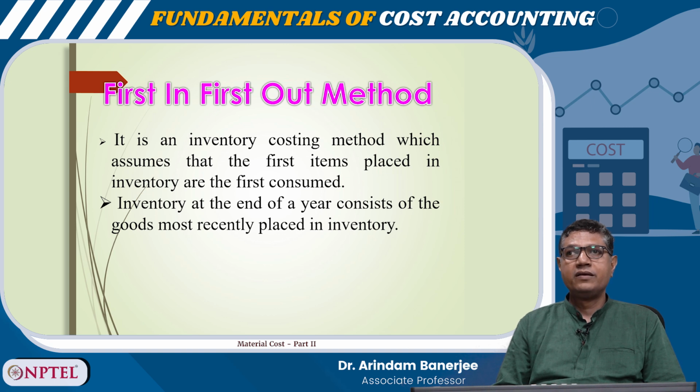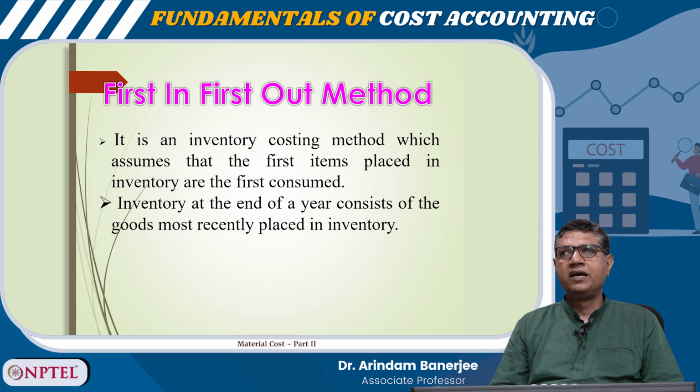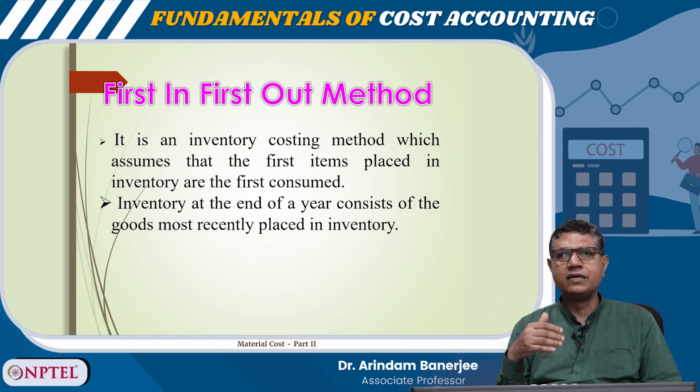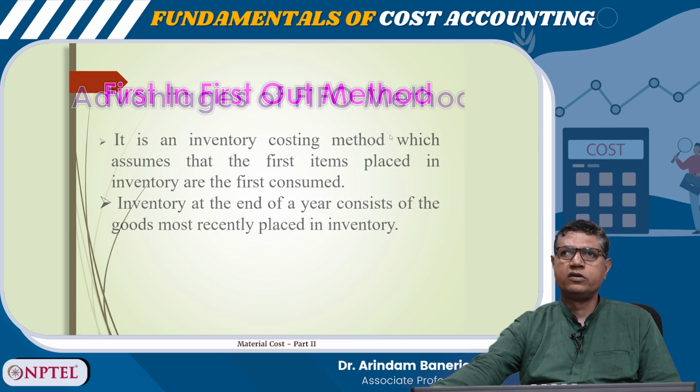At the end of the year when the inventory valuation happens, it is assumed that it consists of the goods most recently placed in inventory. So, older items go first, the recent items stay in inventory. That is the assumption under this method.